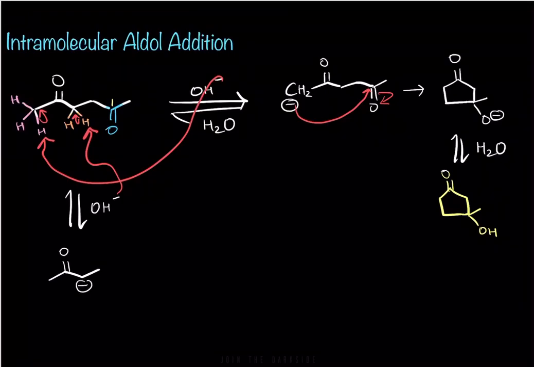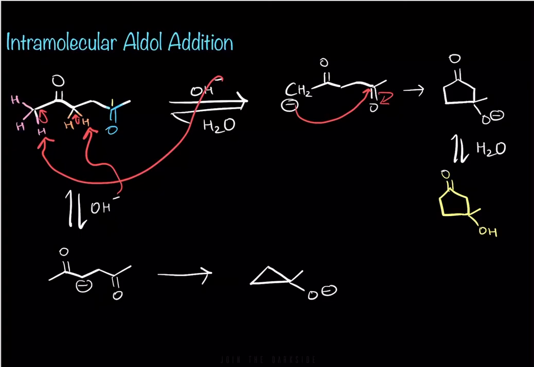So this is the enolate that will be formed, and in the next step, it is going to form the tetrahedral intermediate, but in this case, it would be a 3-membered ring structure.